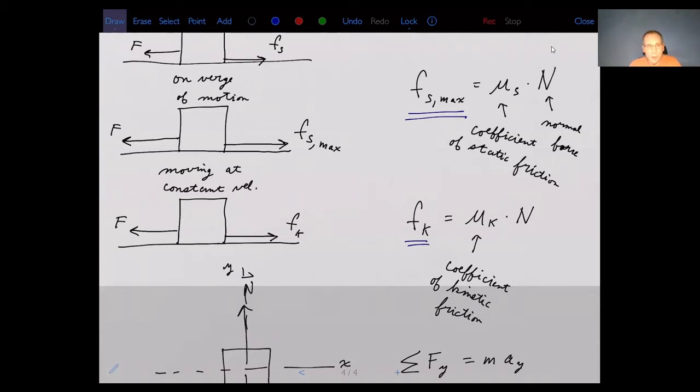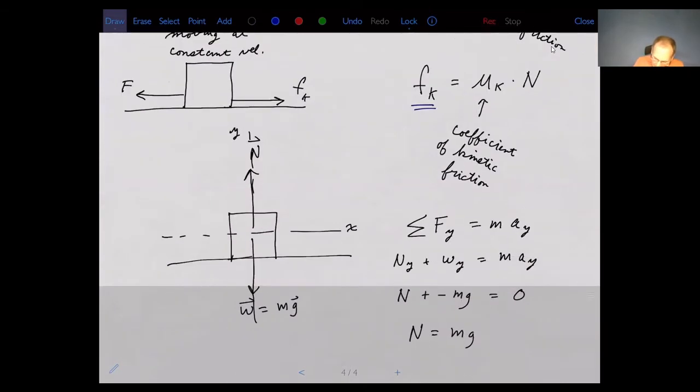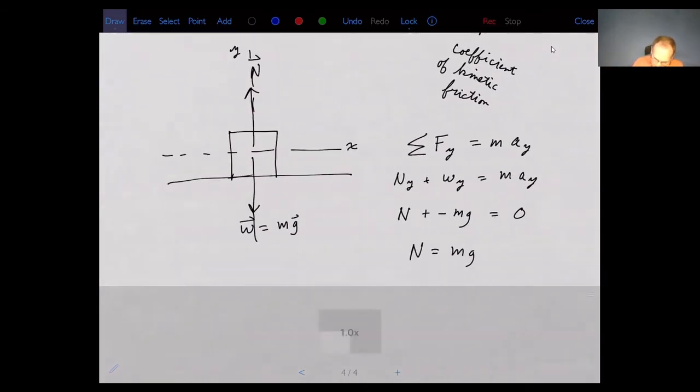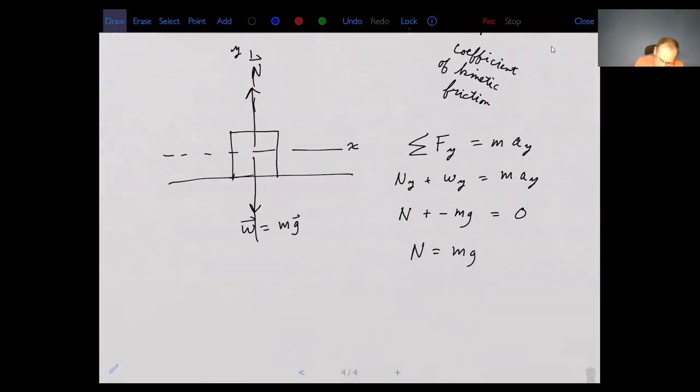Probably from experience, you've found that it's harder to initiate the motion. So it turns out that Fs max should be greater than Fk. The maximal static frictional force should be greater than the kinetic frictional force.